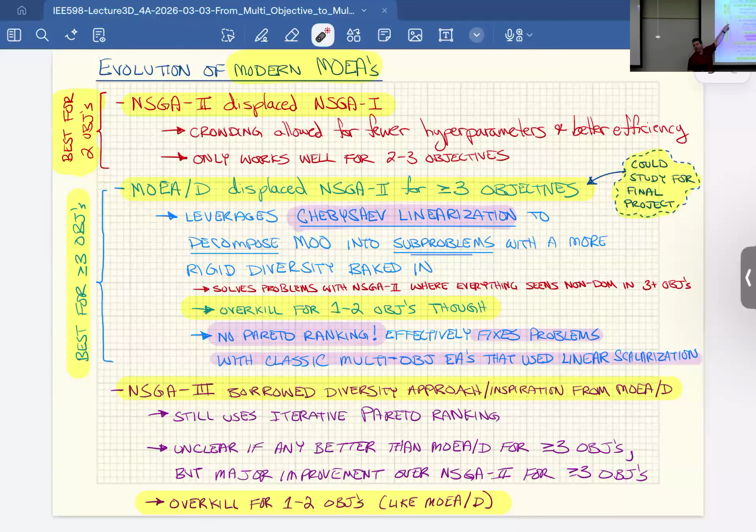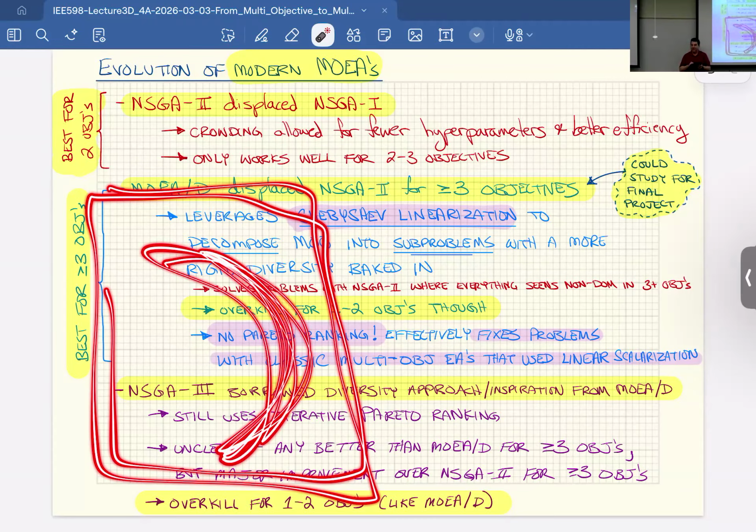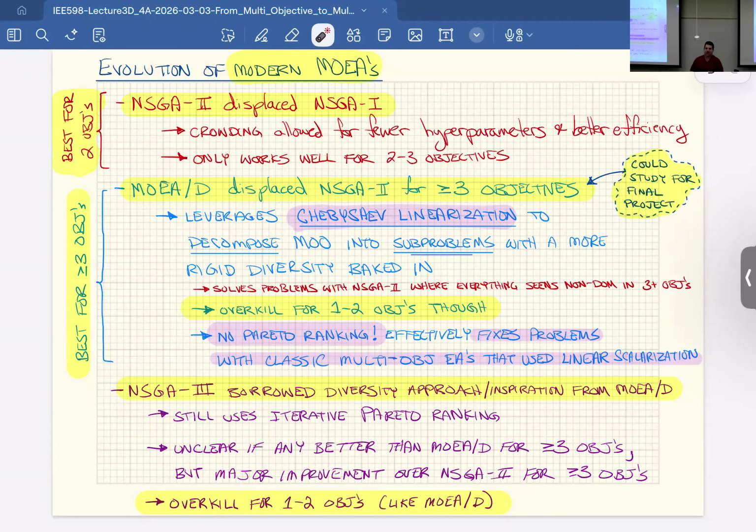NSGA2's niche is 2 objectives. And MOEAD's niche is also 3 objectives or higher. So right now we're seeing competitive exclusion between these methods, trying to duke it out to see who's going to win at the 3 to 4 plus objective case. But really NSGA2 dominates its niche of 2 objectives. People just use NSGA2. It's just that good.